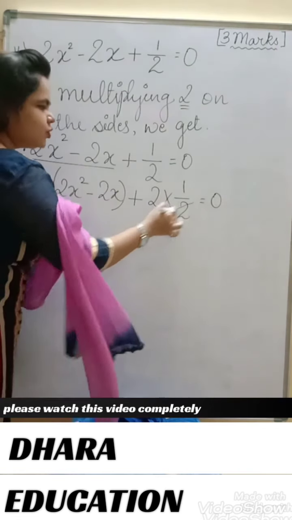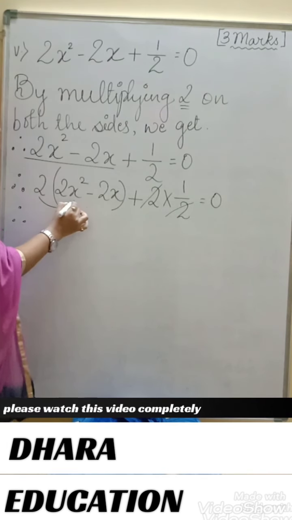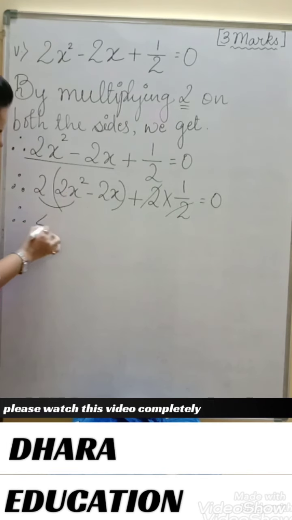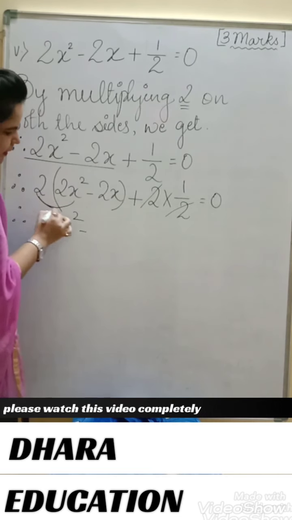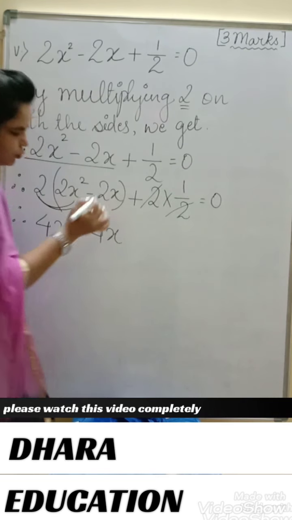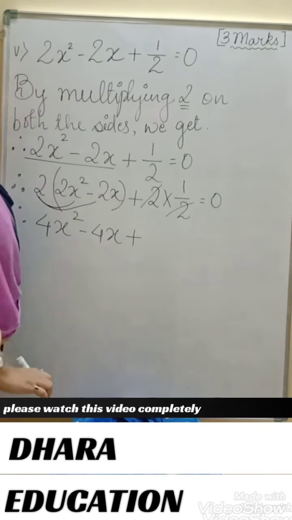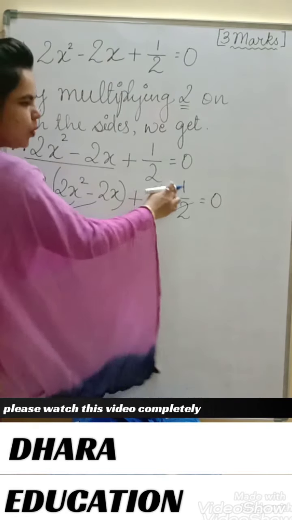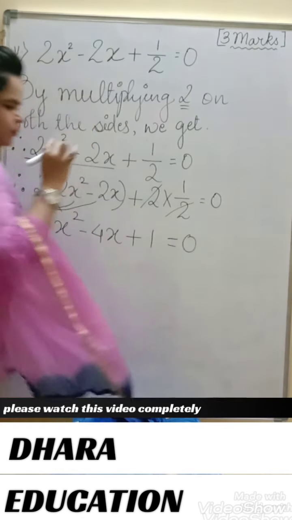Alright. So this 2 and this 2 will get cancelled. Therefore, here we need to multiply, that is 2 multiplied by 2x square gives you 4x square. 2 multiplied with 2x gives you 4x. Plus, we have to take plus as it is, and what is remaining here is 1 is equals to 0.